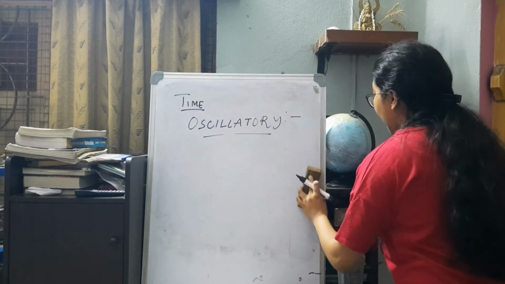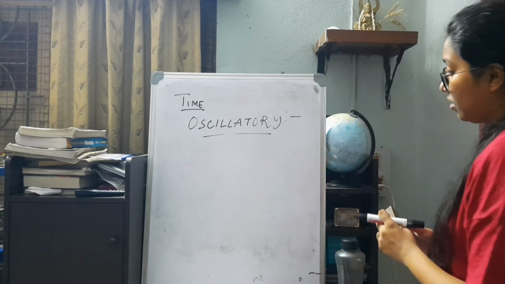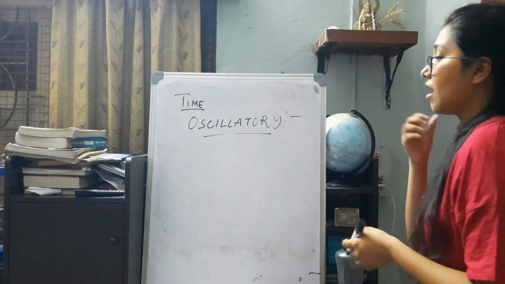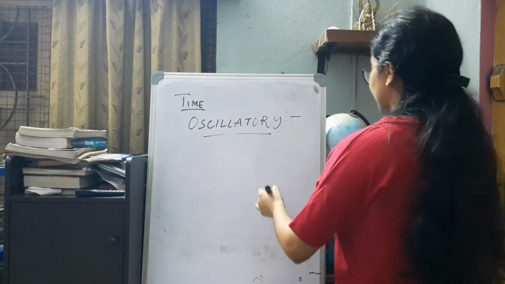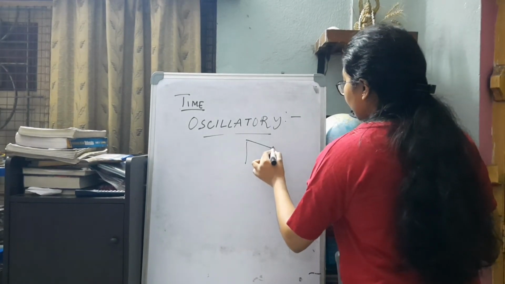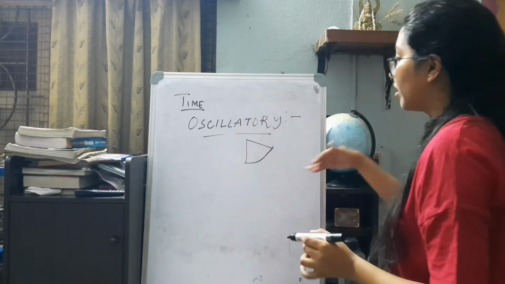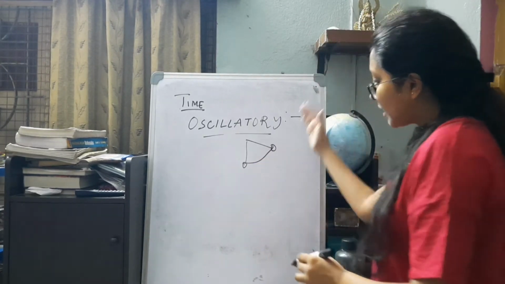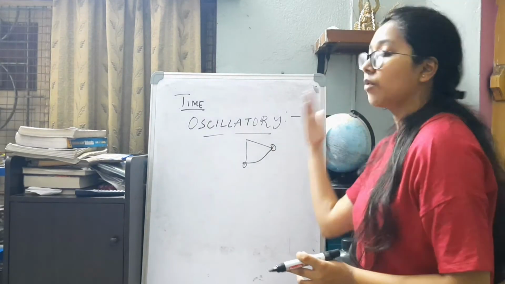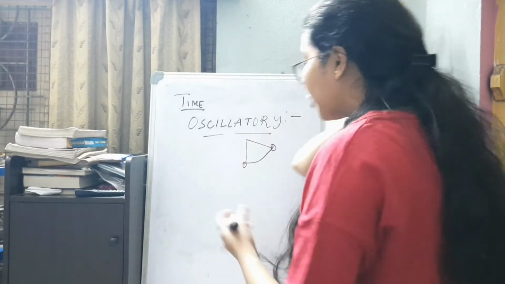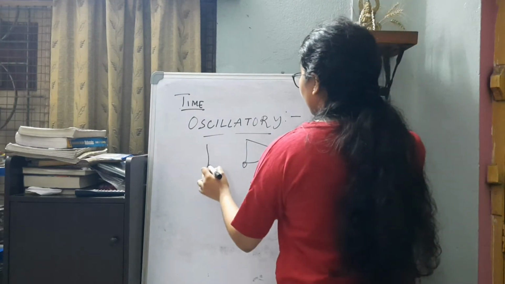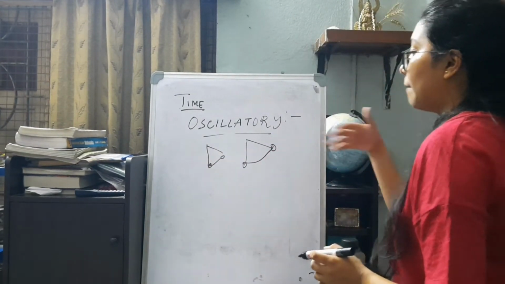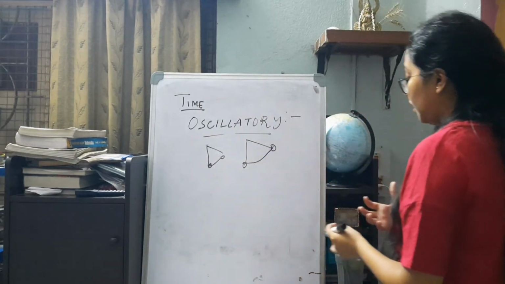Now we see that due to our surroundings, the amplitude gets affected. That means there is a damping effect due to the surroundings. The amplitude never remains the same. If this is the maximum distance it can move, the amplitude of this particular particle, this amplitude will keep on decreasing with respect to time. After a few moments, we will see that it cannot reach this maximum displacement, it reaches only this. This is due to the damping effects of the surrounding medium.